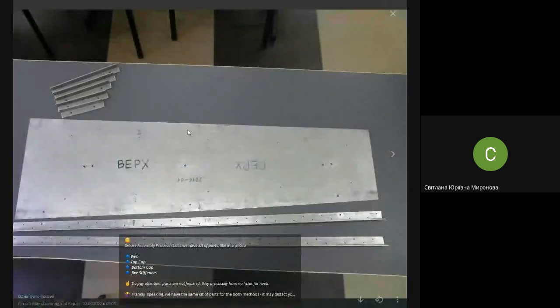Before assembling, the parts look like this. You see assembly holes in a web, and you see assembly holes in a cap here. And you see additional couples of assembly holes, one couple, another couple, a third couple, and so on, 5 couples for these stiffeners. And the stiffeners in their turn have assembly holes.